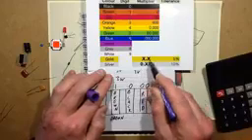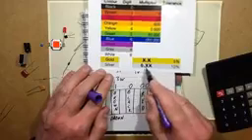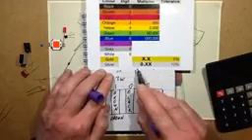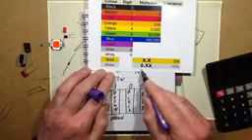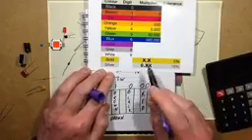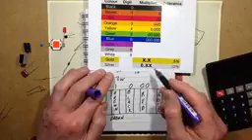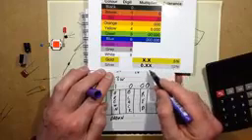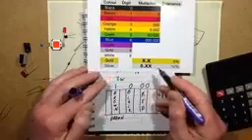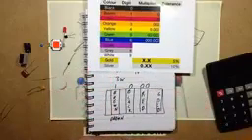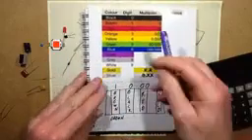For even lower values, I can't say I've ever really come across silver often, it's 0 point and then the first two bands. So in the case of the 4 and 7, the yellow and violet, it would be 0.47 ohms, a very small value.